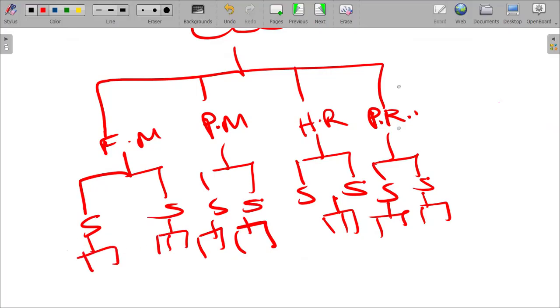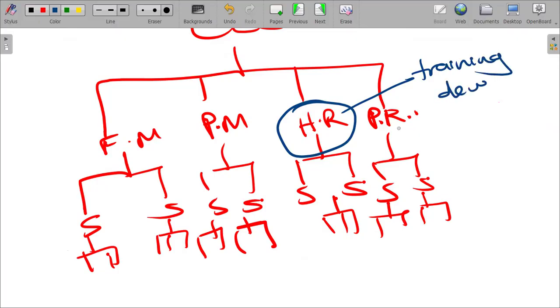So you can find that the HR manager, for example, is a specialist in training and development, right? So what does he do? Because he is an expert in training and development, he can give training advice to employees in different departments.